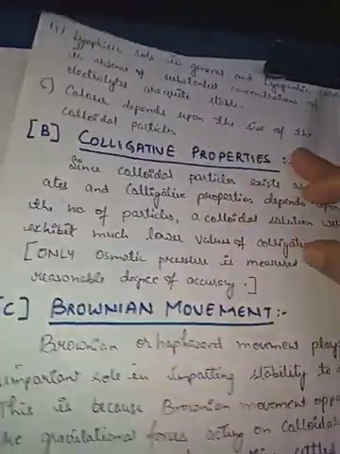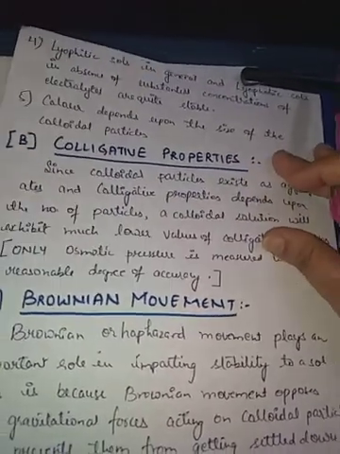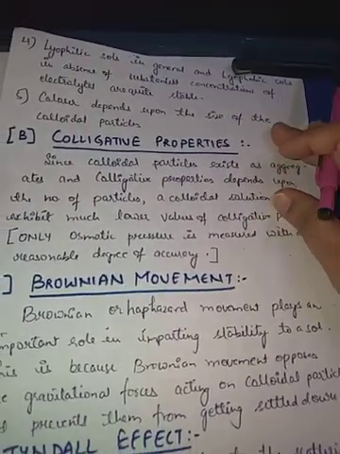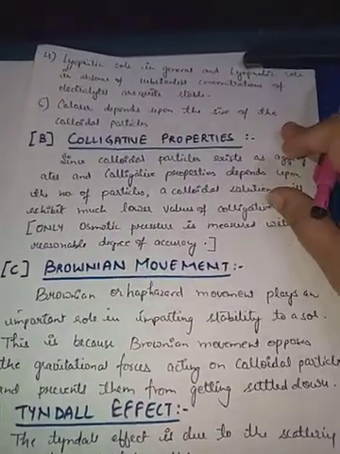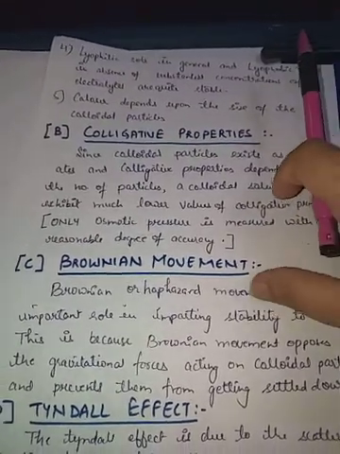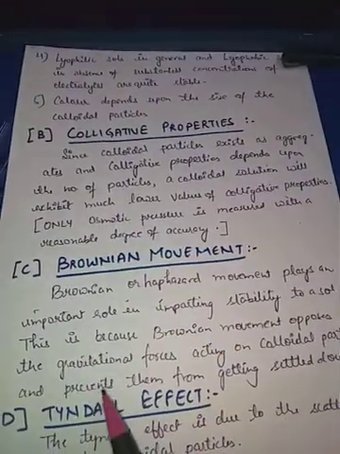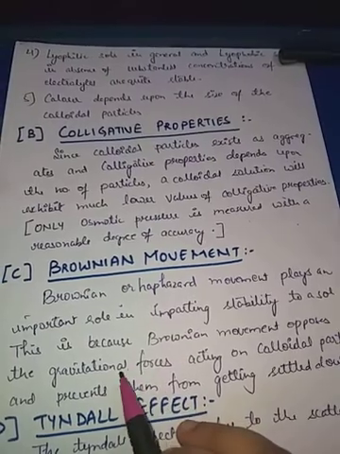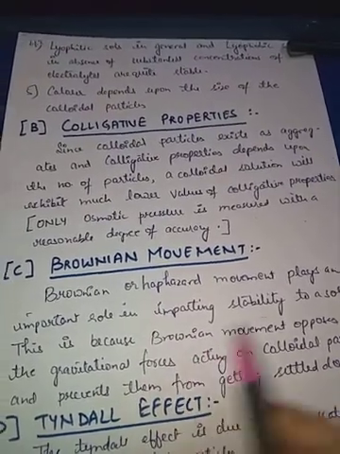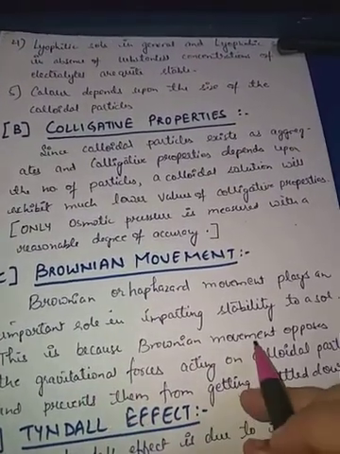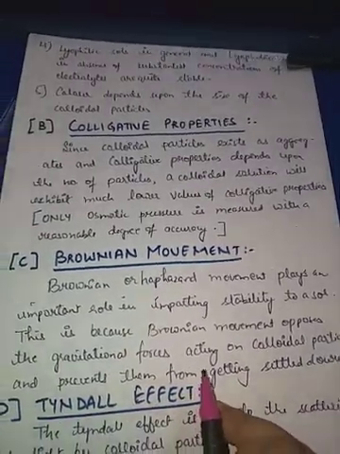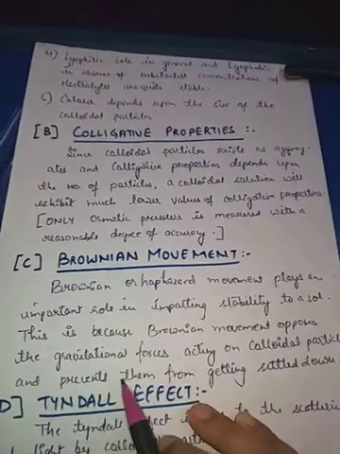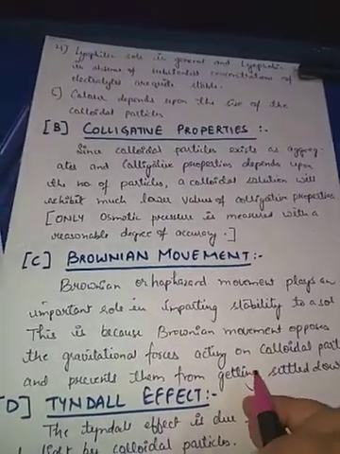Now Brownian movement. These particles show Brownian movement, which is the haphazard motion of the particles, and this plays a very important role in the stability of a sol. When the particles start moving, the Brownian movement opposes the gravitational forces acting upon the colloidal particles and prevents them from getting settled down.